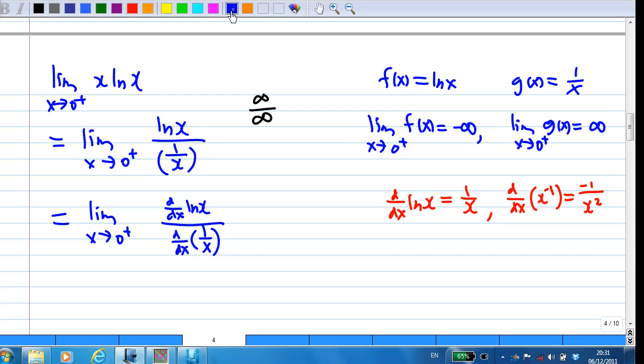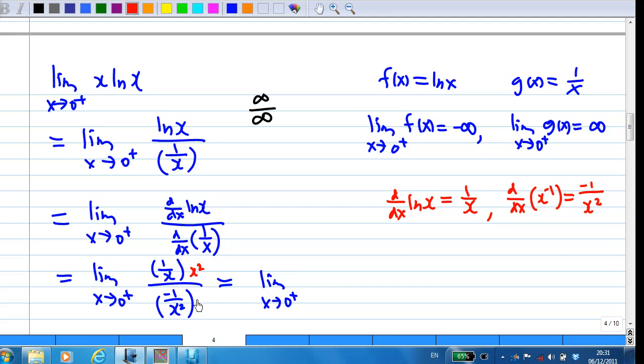So this is equal to the limit as x goes to 0 plus of 1 over x over minus 1 over x squared. Multiply the denominator and numerator by x squared. Then you have the limit of x over minus 1. So when x goes to 0 plus, this is equal to 0.